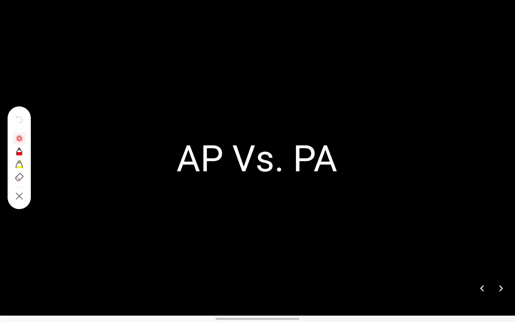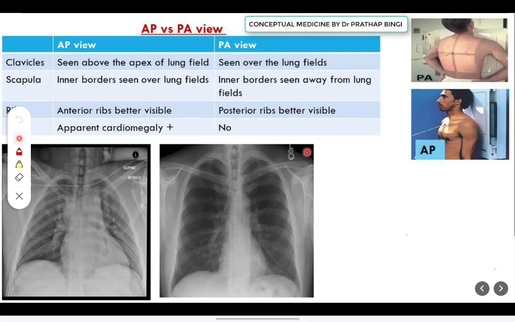This takes us to see the difference between anteroposterior and posterior anterior chest X-rays. Here we have two radiographs. The first one is the anteroposterior radiograph, and the second one is the posterior anterior chest radiograph.